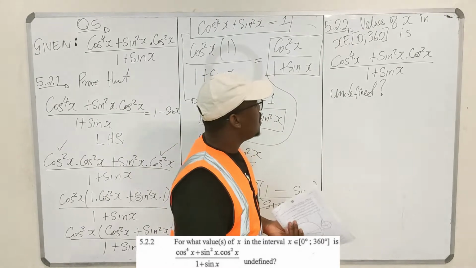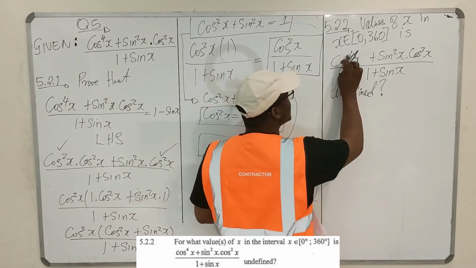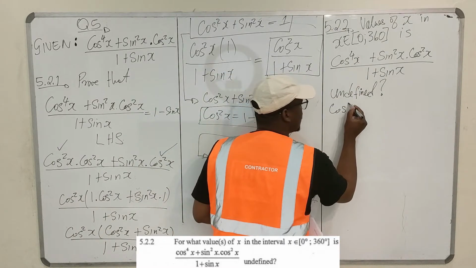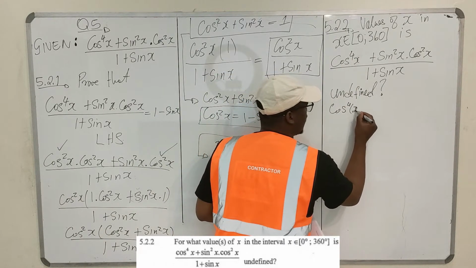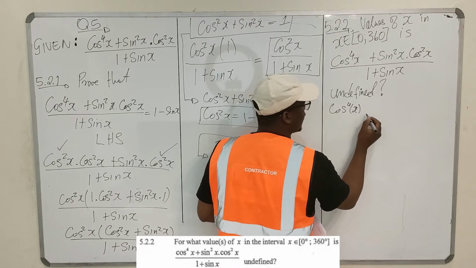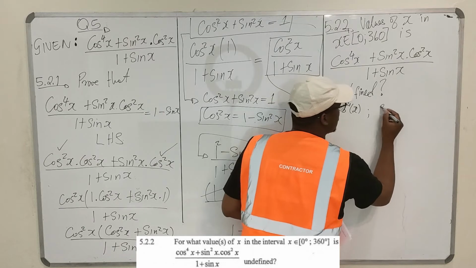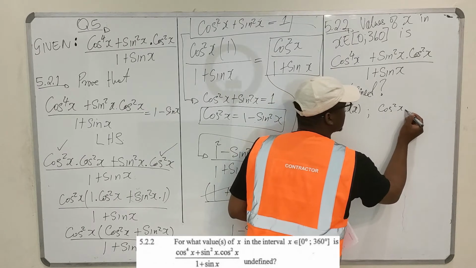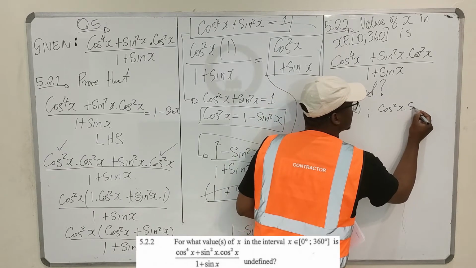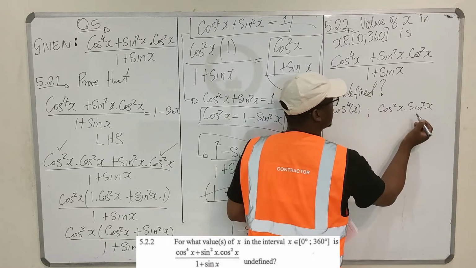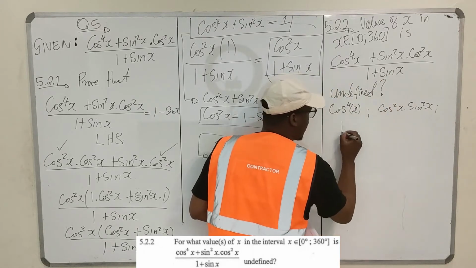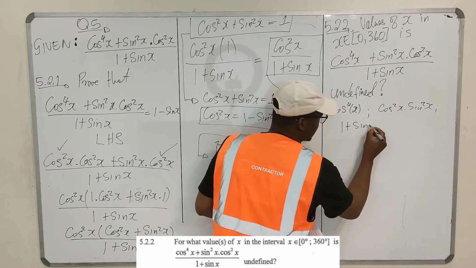So if we were to look at cos to the power of 4 x on its own, and look at the product of these two things, cos squared x, sine squared x, and this one, 1 plus sine x.